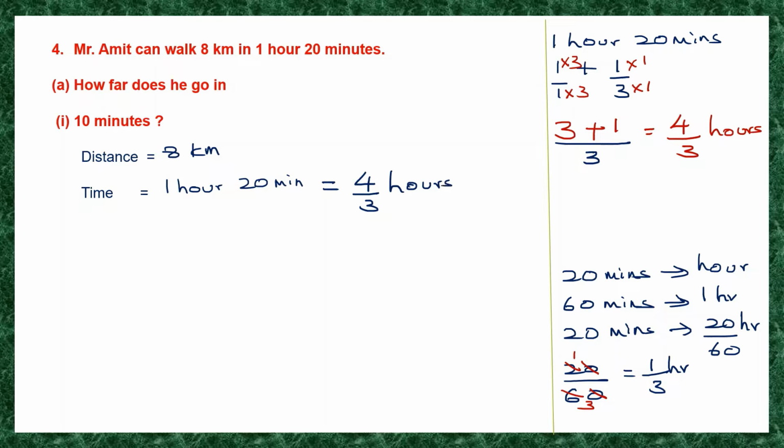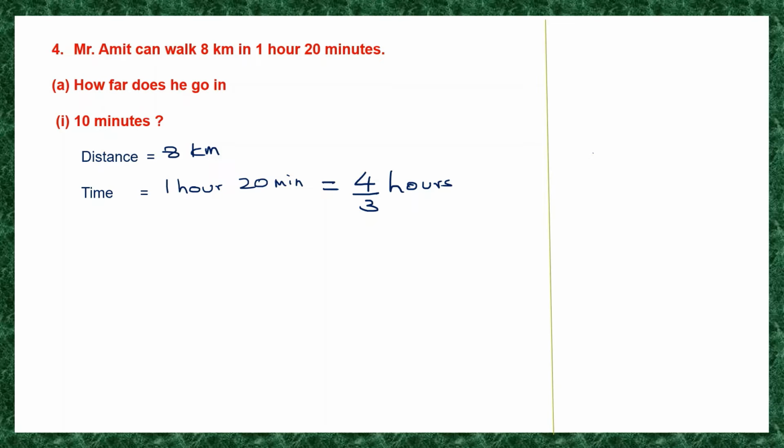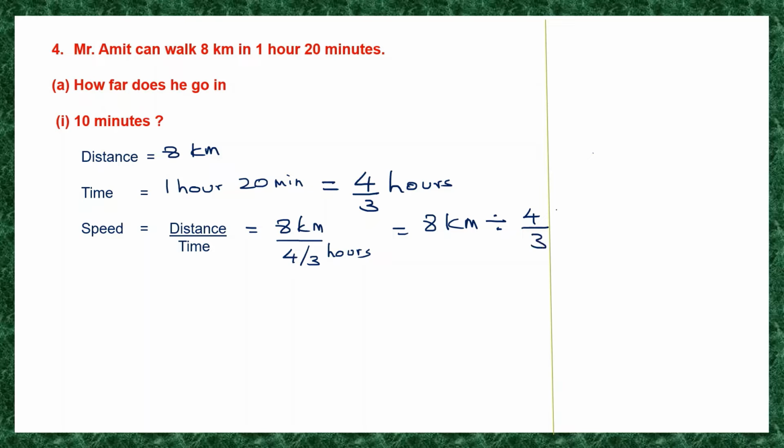So now our speed can be in kilometers per hour. Let's find speed, which is distance by time. Distance is 8 kilometers and time is 4 by 3 hours. We are dividing it, isn't it? So let's put that division in a simpler way. 8 kilometers divided by 4 by 3 hours.